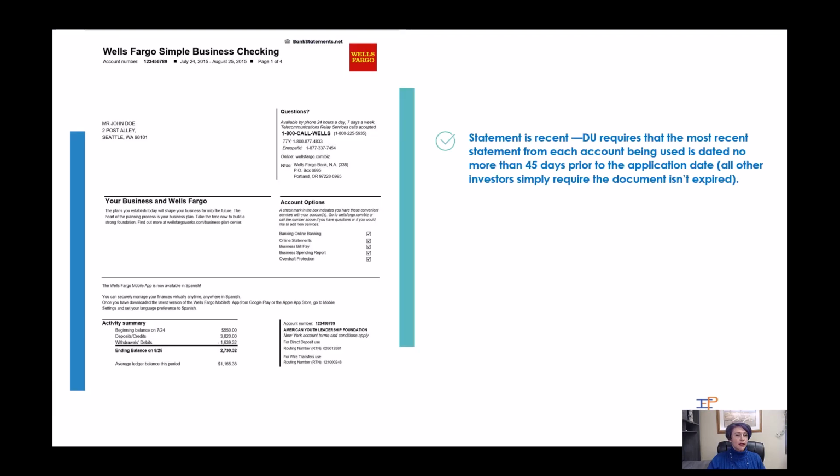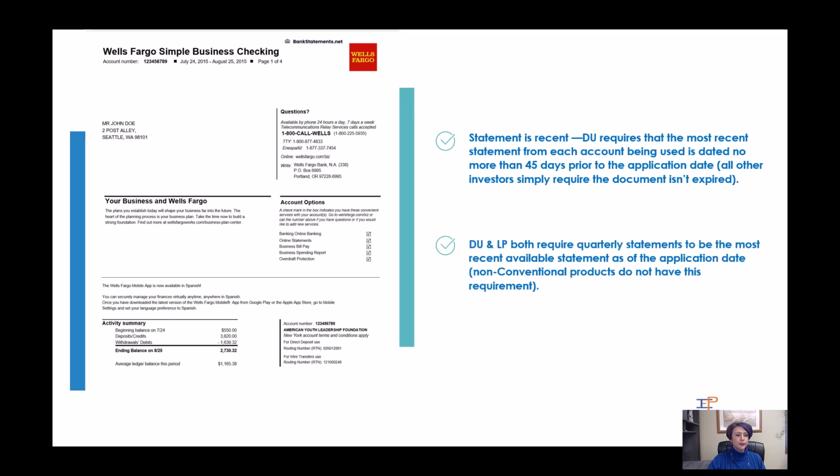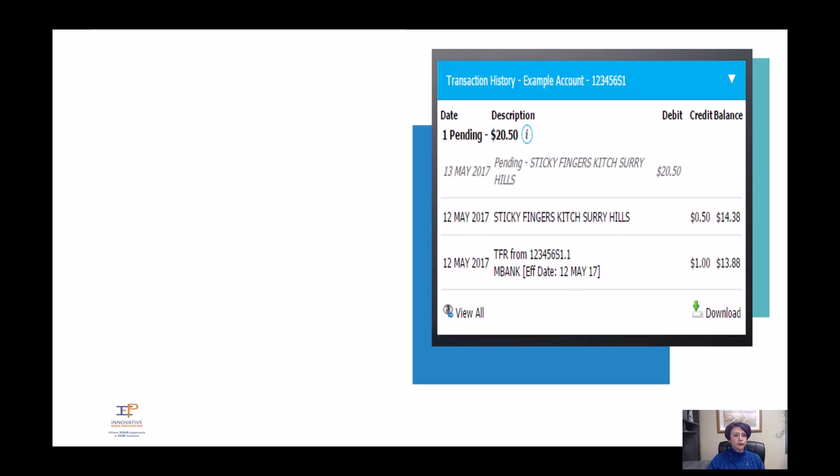We need to make sure that the statement is recent, that it is within 45 days of our application date. DU and LP both require quarterly statements to be the most recent statement in the file. If they are providing you with a printed transaction history, you need to watch to make sure that there are no gaps in the dates.